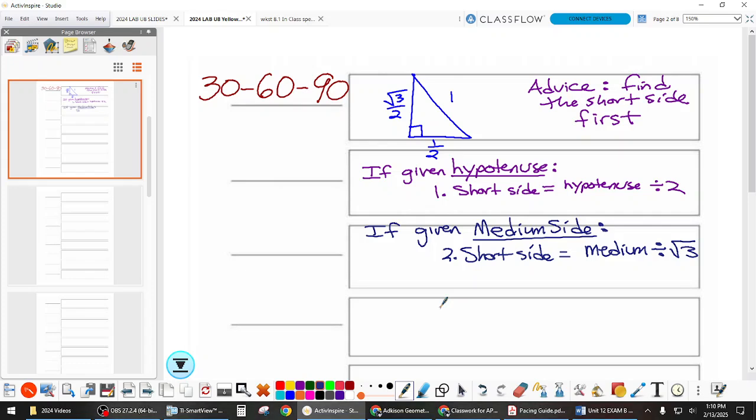And we might have to come back and adjust this. We'll see how it works after we try it a few times. So this one is where you're going to divide by a radical, a square root.